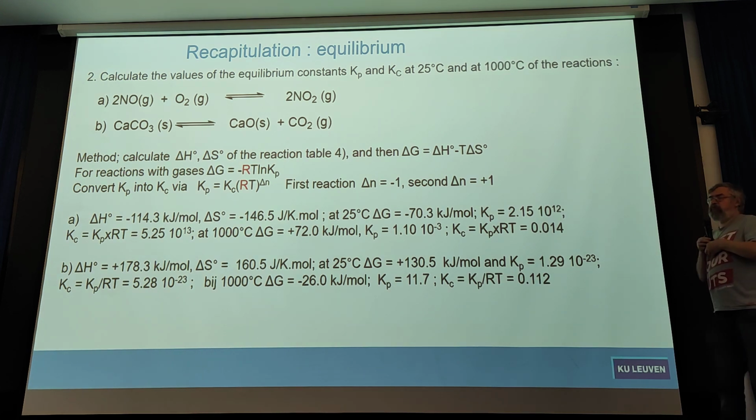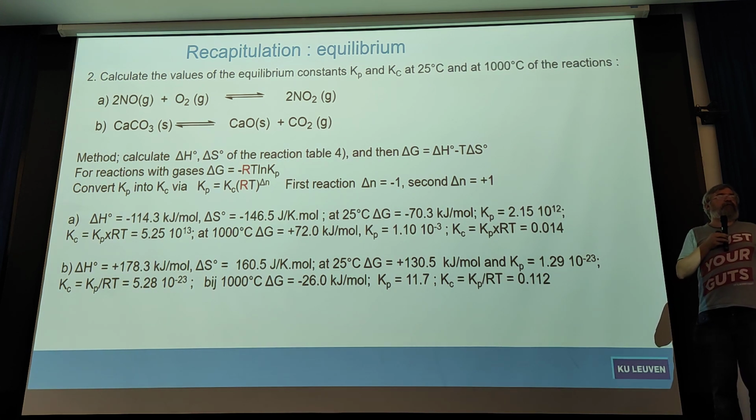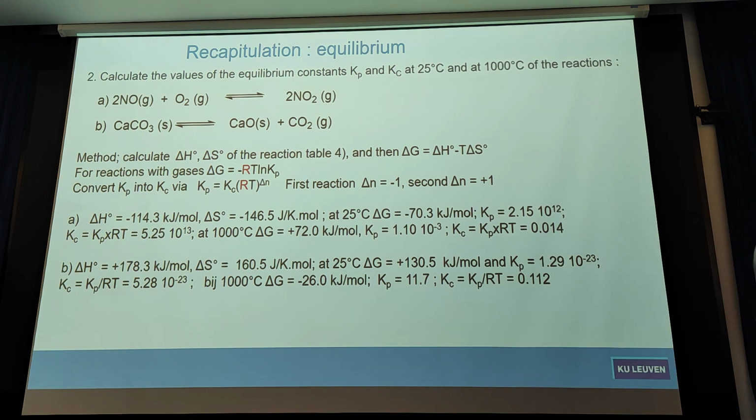Now I don't give the details of the calculation, but this is just as usual. Delta H is made from the delta H of formation of the products minus delta H of formation of the reactants, with the coefficients that are needed.